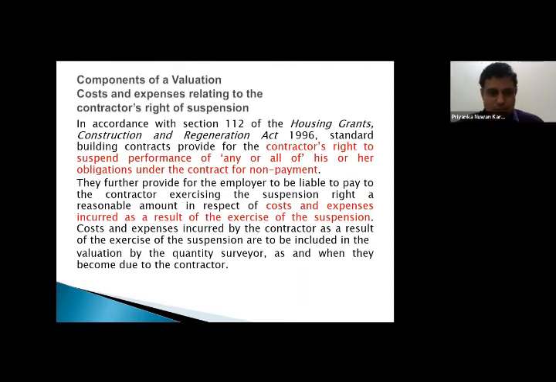So there is another element for that one. Now there is no stipulation about retention here, but it is understood. In the idling cost, there cannot be a retention, right? It has nothing to do with the works executed.